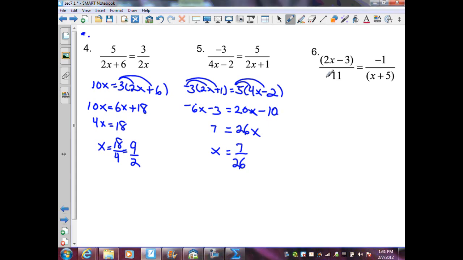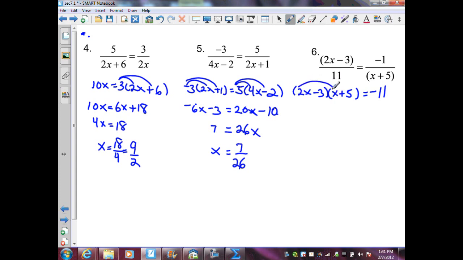On my last problem, I'm going to use the cross product rule again. Here, when I do, I'm going to get 2x minus 3 times x plus 5, and that will equal a negative 11. To simplify on the left, I need to FOIL. In other words, take each term in the first quantity and distribute through the second quantity.